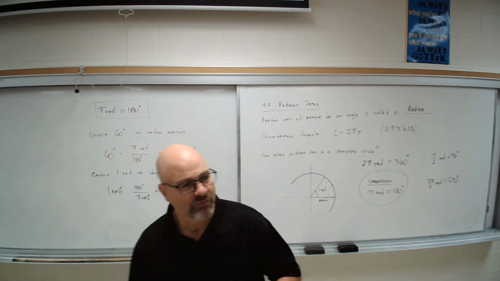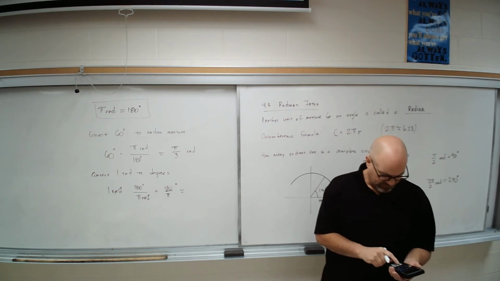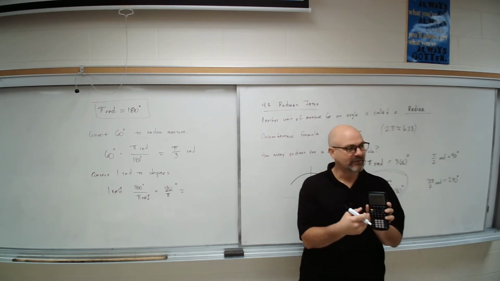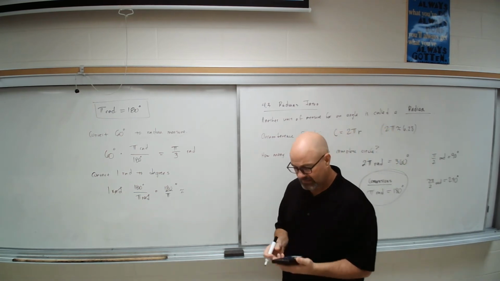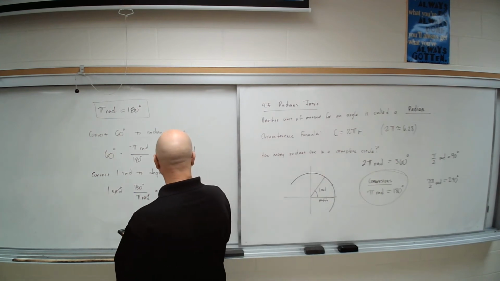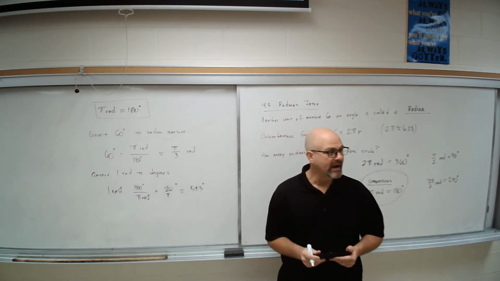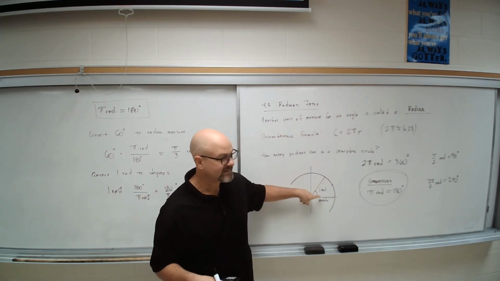We said with degrees we don't want to use pi. So we're just going to go ahead and use our calculators. You're going to actually want to use the pi button on your calculator because it'll keep a lot more decimal places. You don't really want to round it. And we get 57.3 degrees.